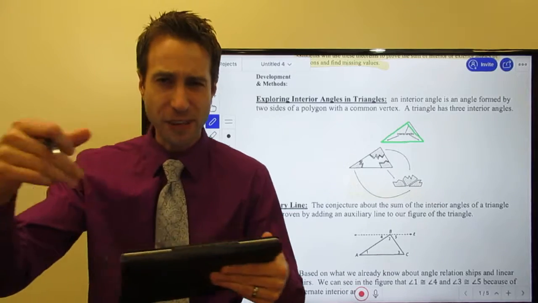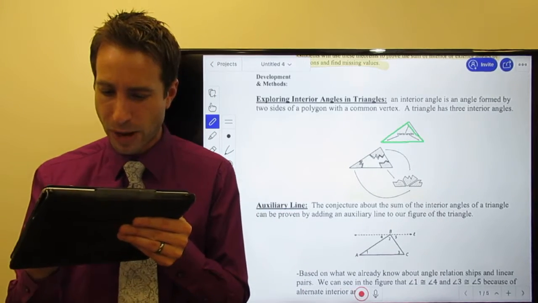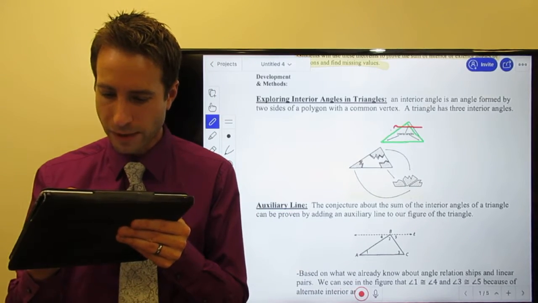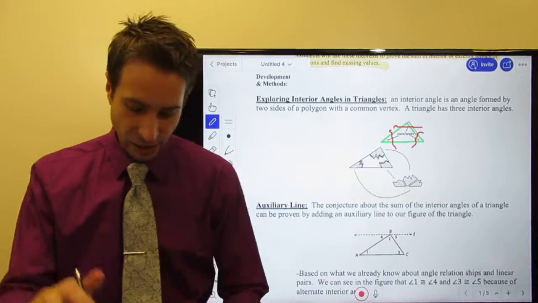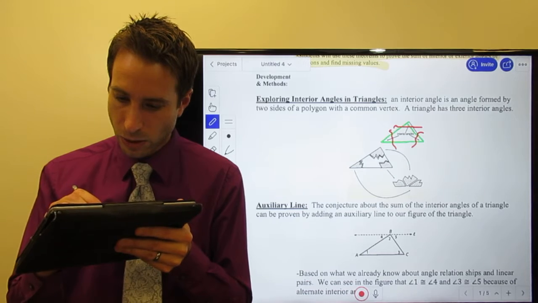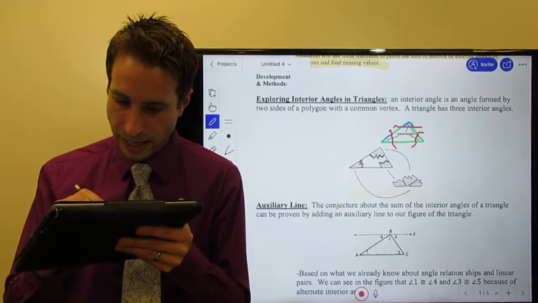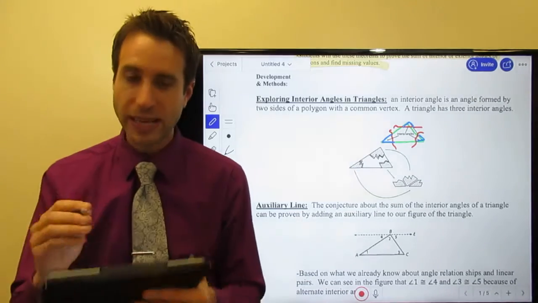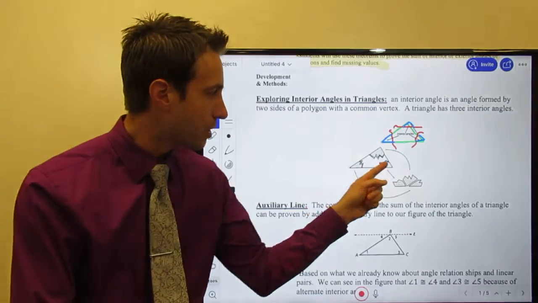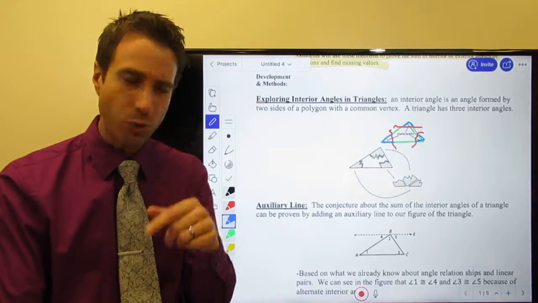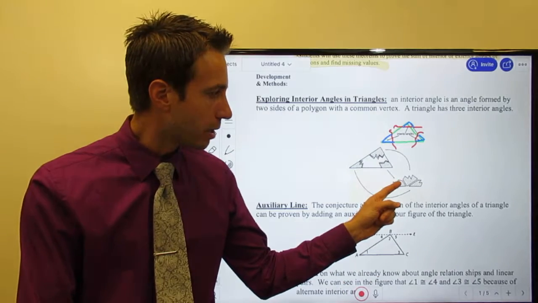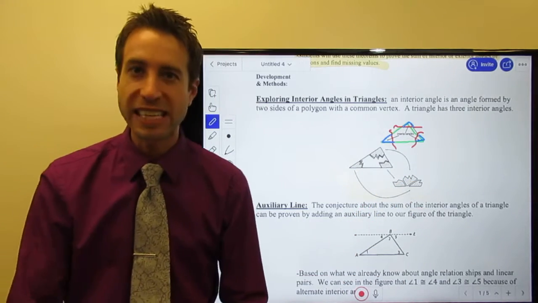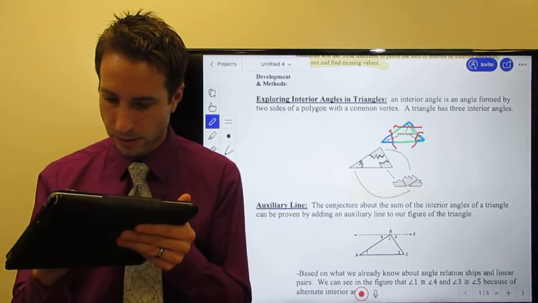If I drew this triangle on a sheet of paper, I just tear that angle off, tear that angle off, tear that angle off. So I've got my little angles here. That's all I've done: I've just ripped those three corners, those three angles, off. And what I'm showing you here is I can put those three angles together and look what it does.